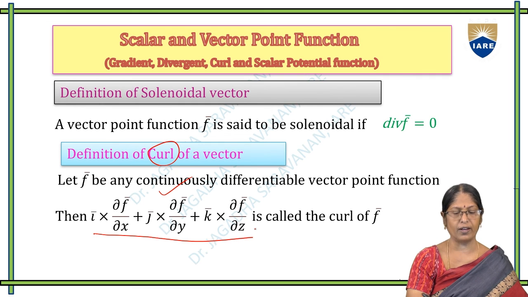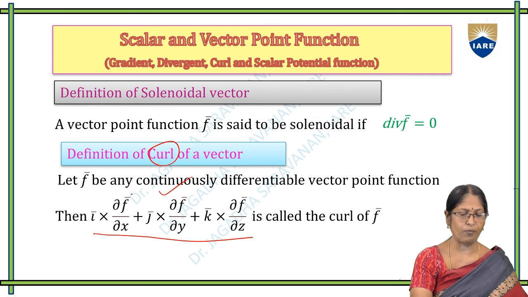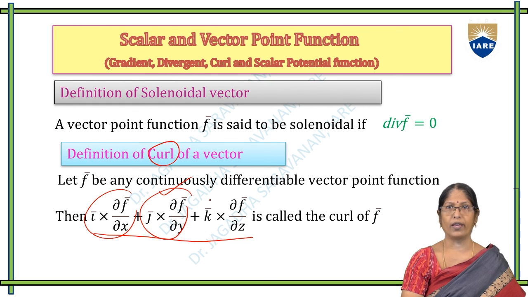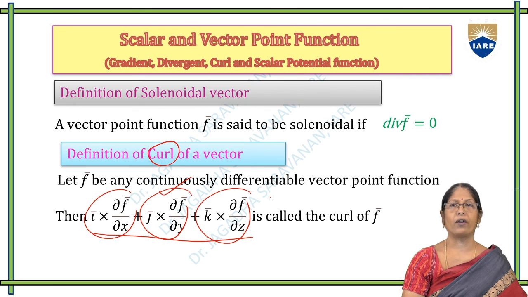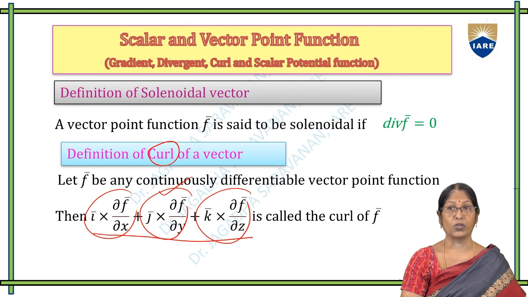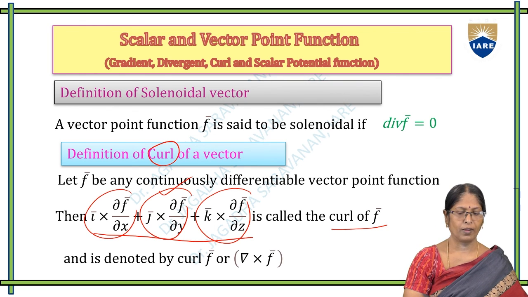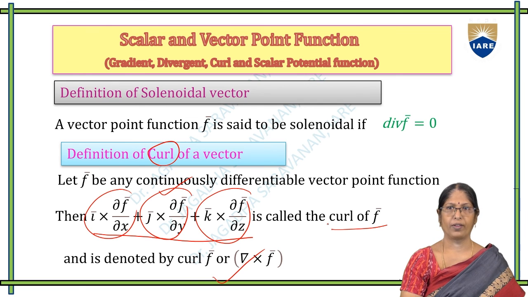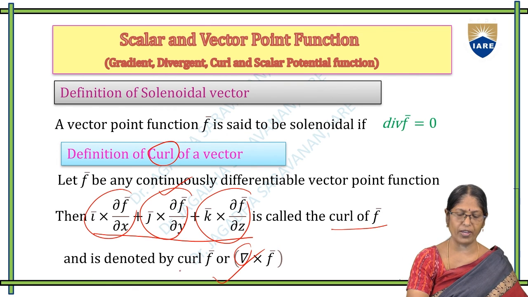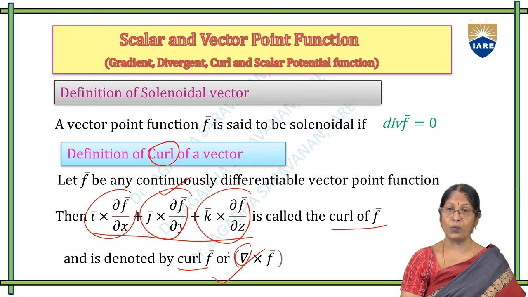We can see here i cross ∂f/∂x, j cross ∂f/∂y, k cross ∂f/∂z, which is called the curl of f vector, denoted by grad cross f vector. Otherwise, simply we can write curl of the given vector function f. The bar denotes that it is a vector.